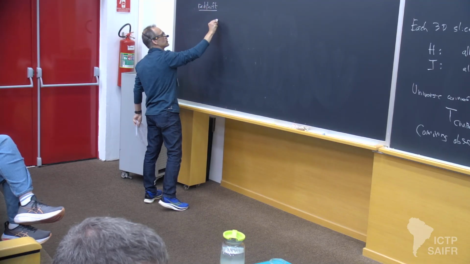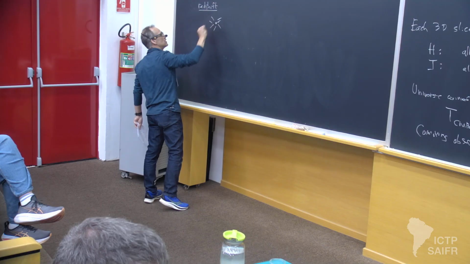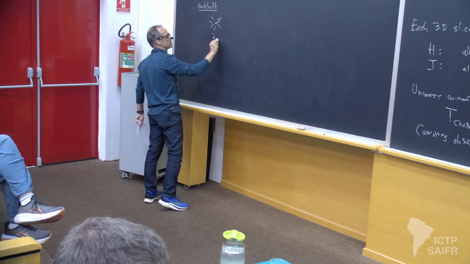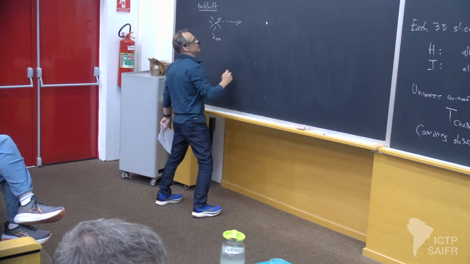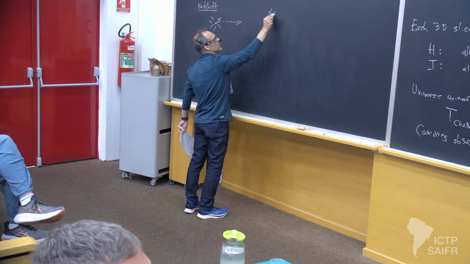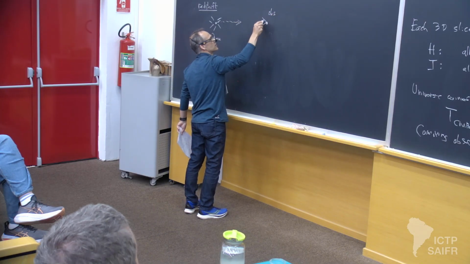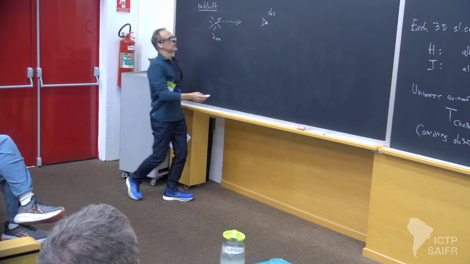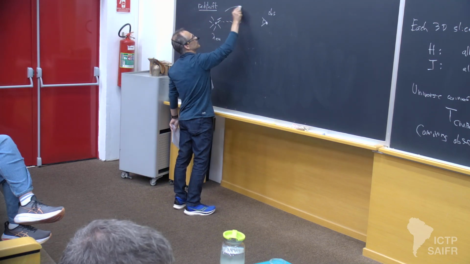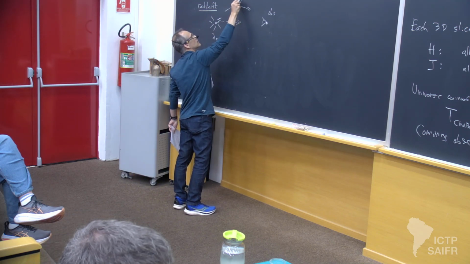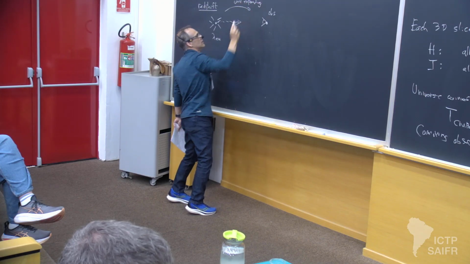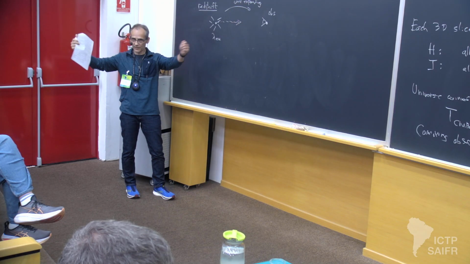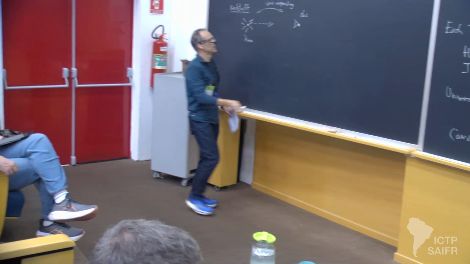If I have a source emitting light at some particular wavelength, this light propagates. And at a later time, there is an observer in another galaxy with a telescope. Because the universe is expanding, the wavelength of light gets stretched as the universe expands.